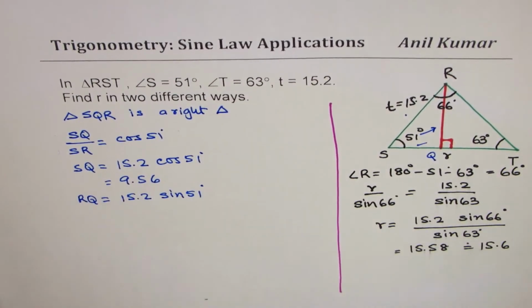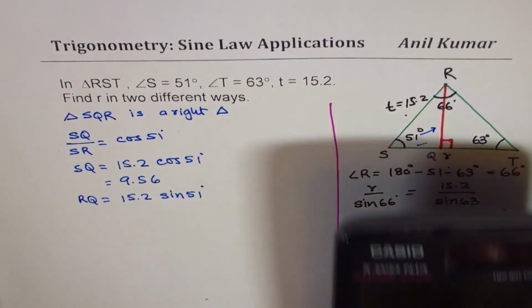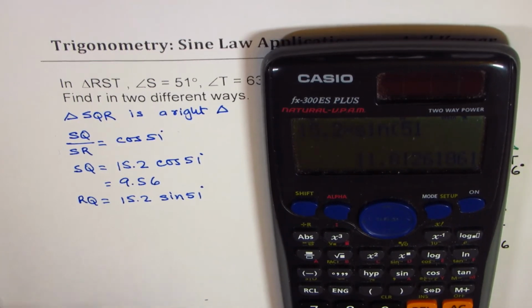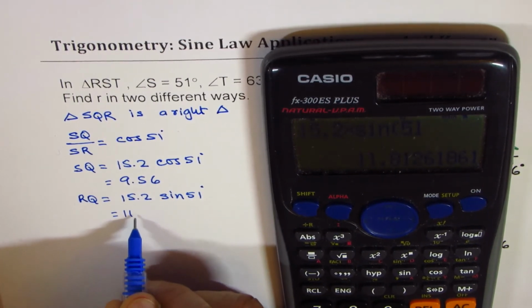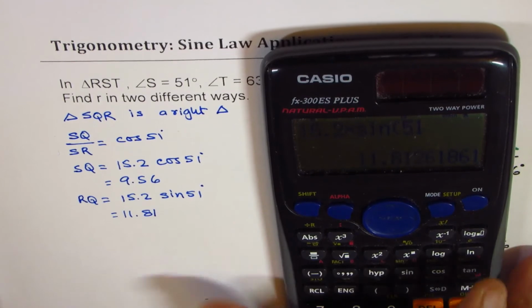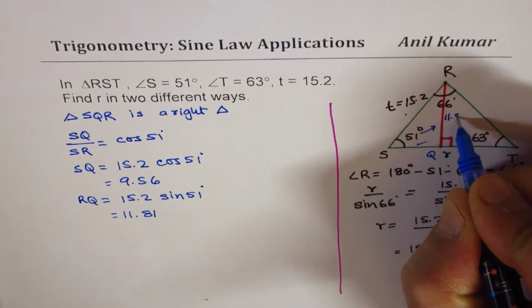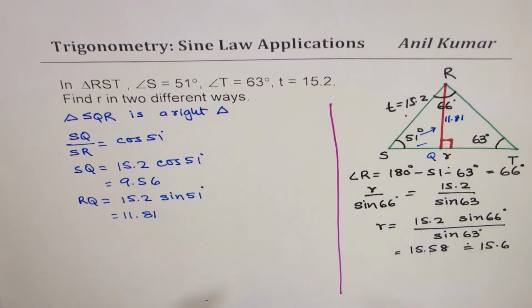So that gives you 15.2 times sine of 51 degrees, which gives you 11.81. So we know this side is 11.81.